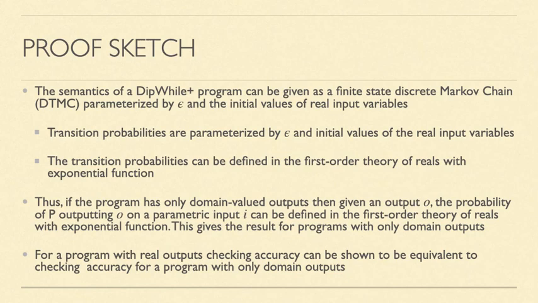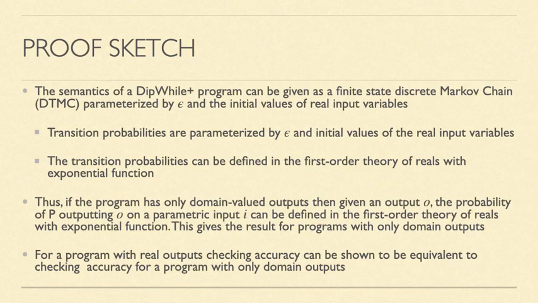A consequence of this DTMC semantics is that if a program has only domain valued outputs, then given an output O, the probability of P outputting O on a parametric input I can be defined in the first order theory of reals with exponential function.